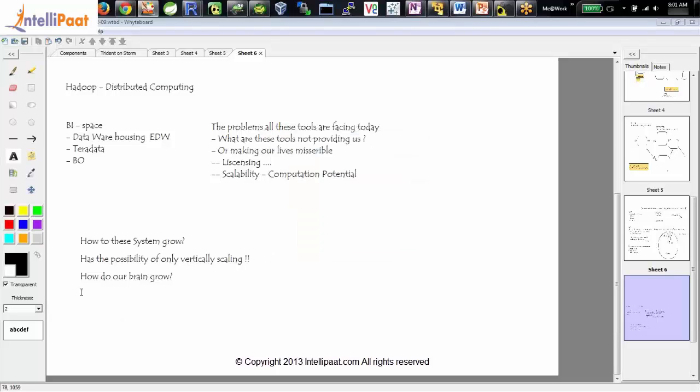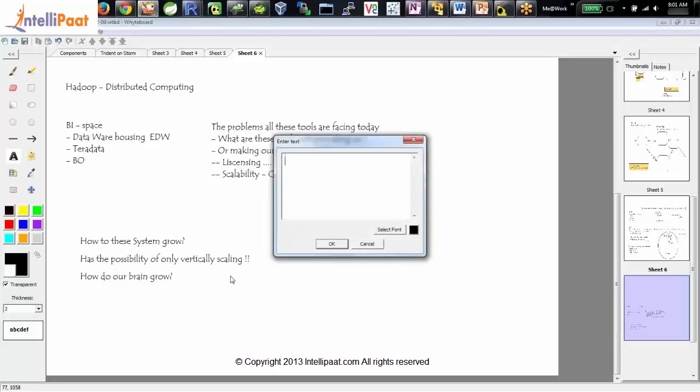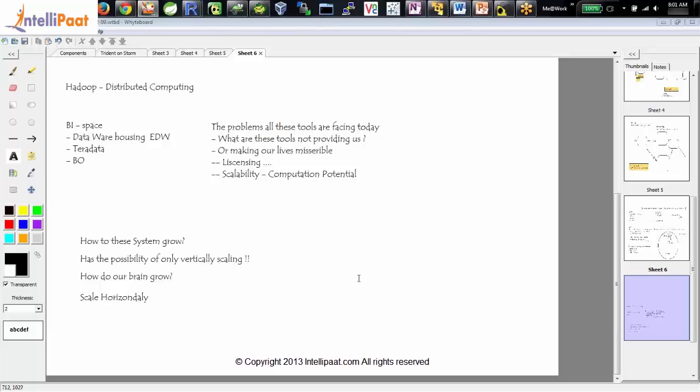And how does our brain grow? Scale. Horizontal. Has the possibility of vertical scaling. Okay, that's a system. Exactly. Okay. So what do you mean by horizontal scaling now?